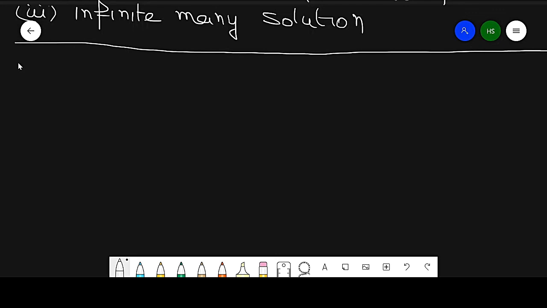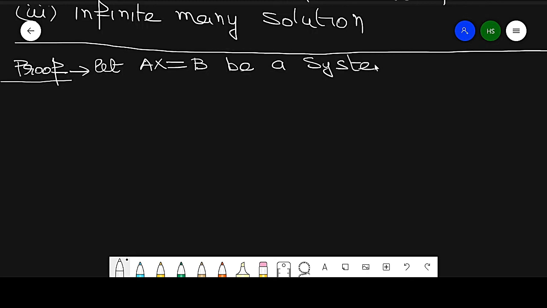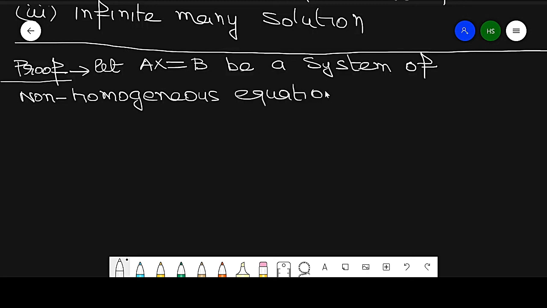Now the proof. Let Ax equal to B be a system of non-homogeneous equations.